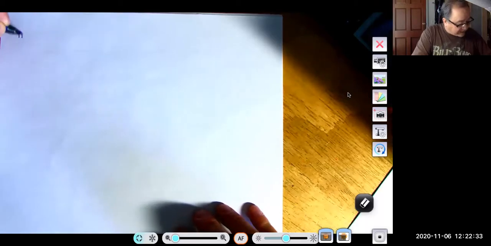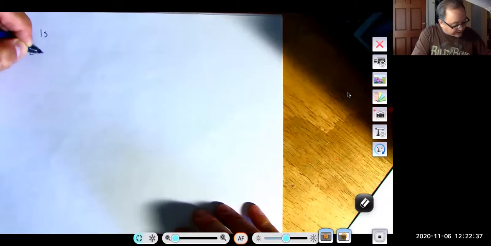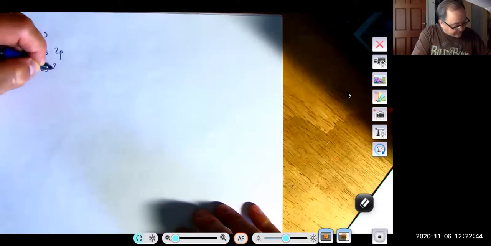Okay, so going back to the electron configuration of atoms, we now know the stability of the different subshells. So if we look at n equal 1, there's a 1s. For n equal 2, there's a 2s and a 2p. For n equal 3, there's a 3s, 3p, 3d.